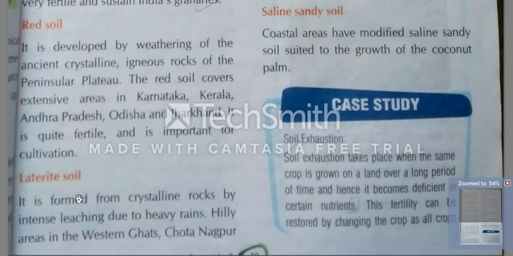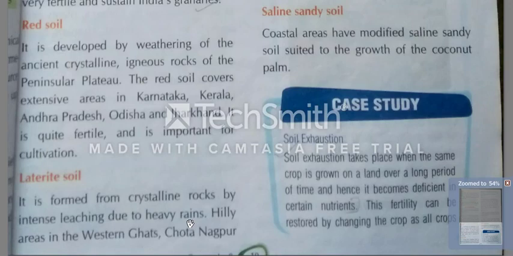Now we will see laterite soil. It is formed from crystalline rocks by intensive leaching due to heavy rains.